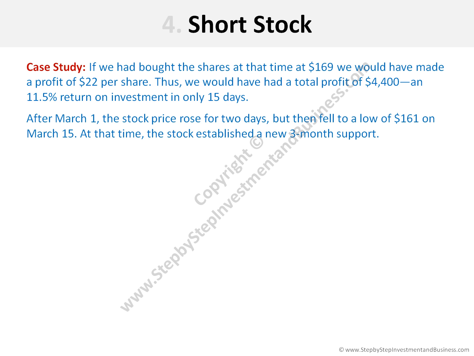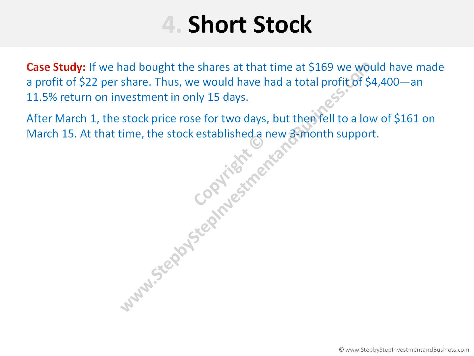If we had bought the shares at that time at $169, we would have made a profit of $22 per share because we had sold at $191. Thus, we would have had a total profit of $4,400, making an 11.5% return on investment in only 15 days.